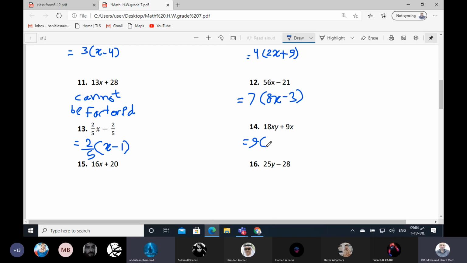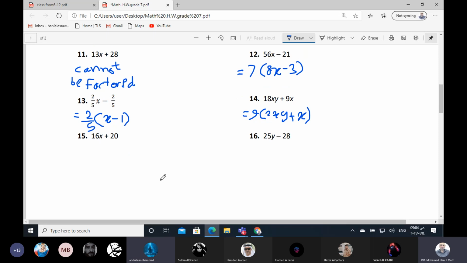Write x. 18 divided by 2, I mean 2xy. Then put plus. Then put x. Then close parentheses. Excellent, excellent.